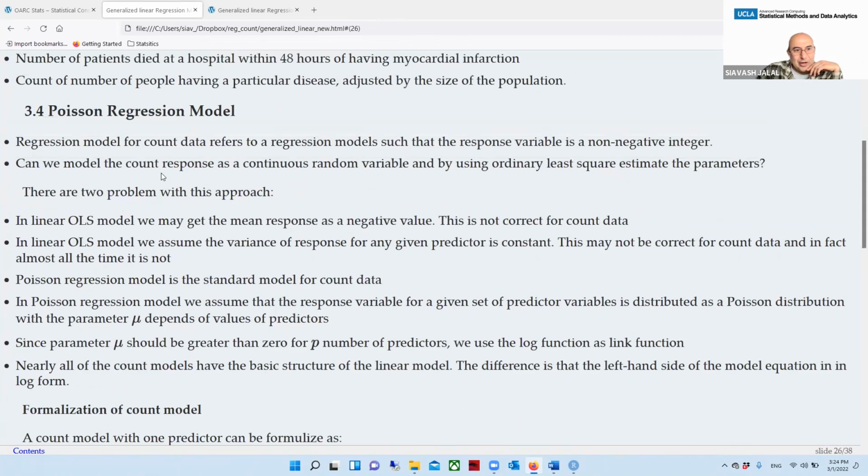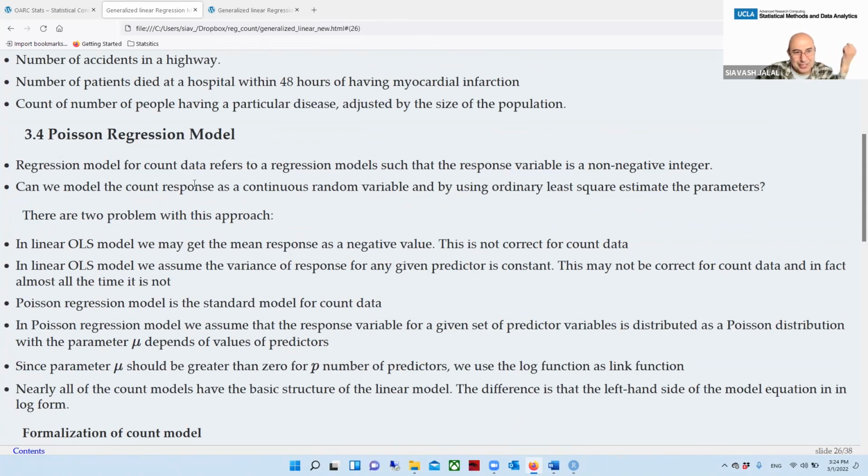Now, here is the review of what we said again. A regression model can be run using the linear model, right? But the problem is that you might get a negative value as the expected outcome, but the expected count cannot be negative, right?